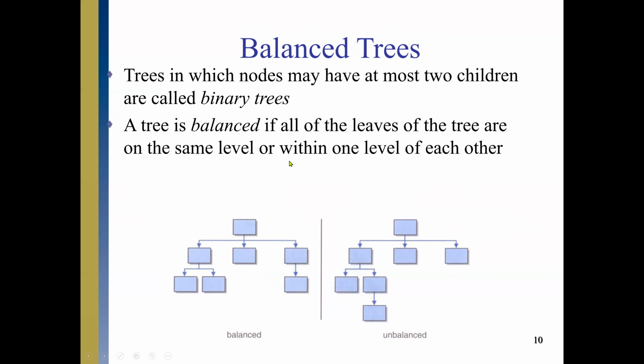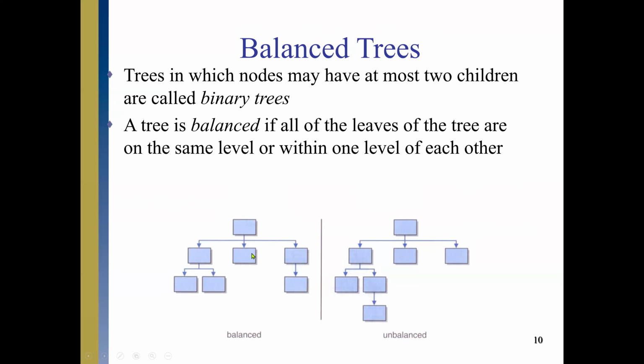In the example diagram here, on our left side, this is called a balanced tree, because we can see the leaves. Again, a tree is balanced if all of the leaves are on the same level or within one level of each other, not more than one level. So this is balanced.